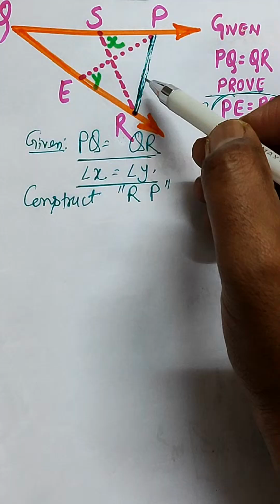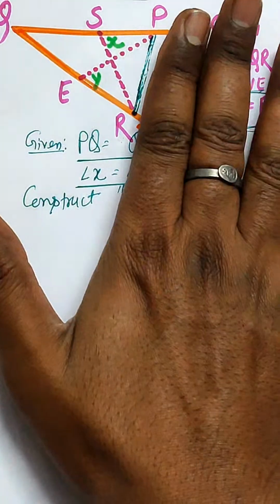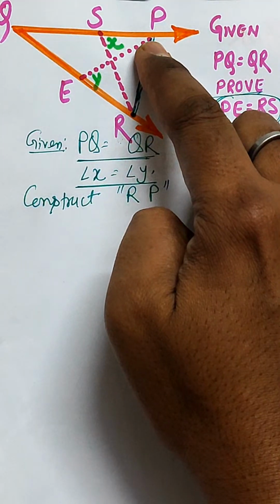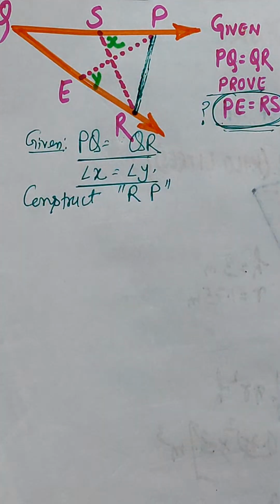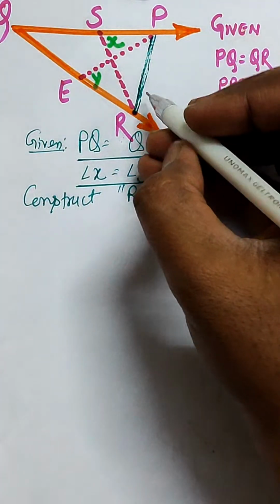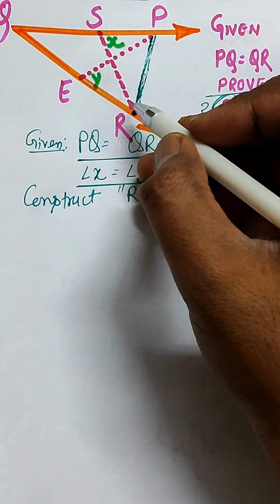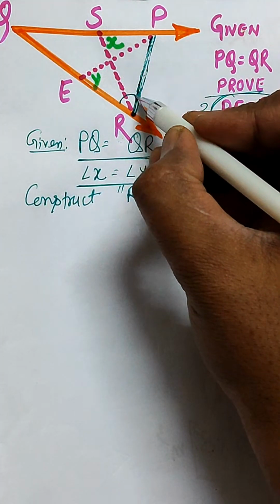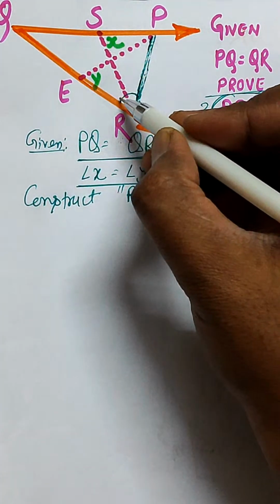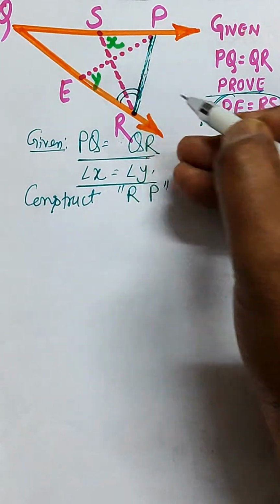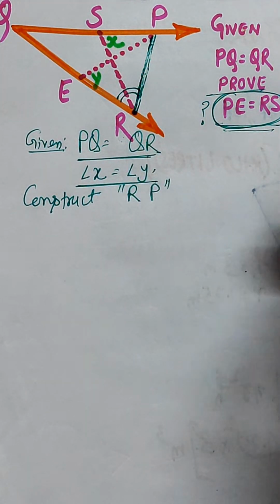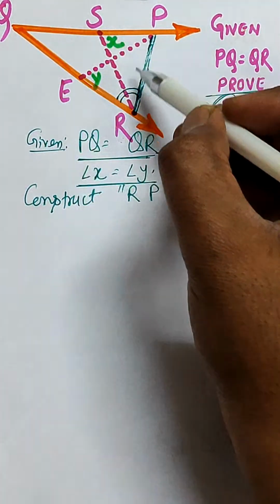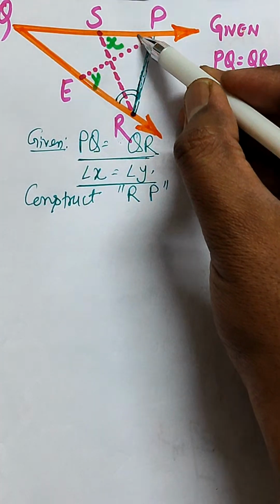So before going into that, you can just see this bigger triangle, QRP. In this triangle, the angle which will be forming is this one, angle QRP. This one, right? Angle QRP. And here it's forming angle QPR. This one.